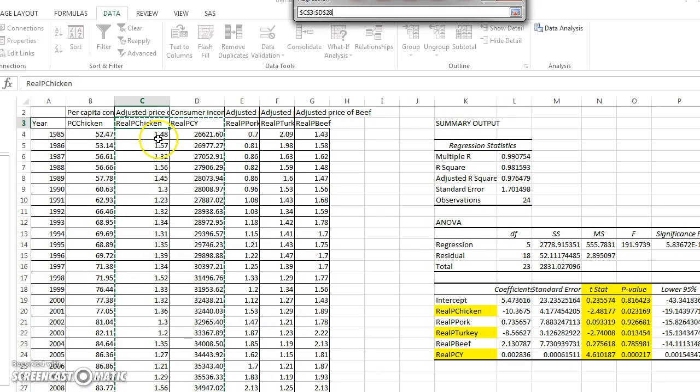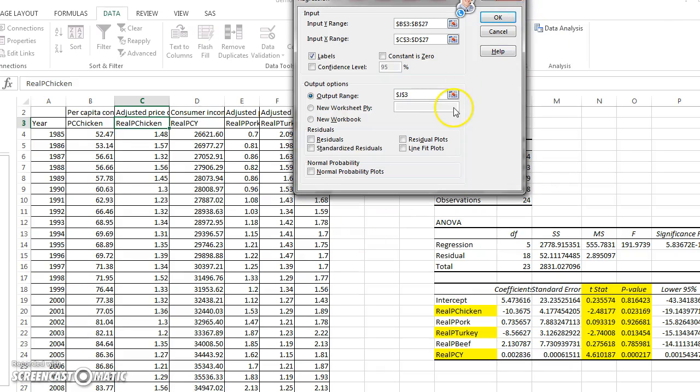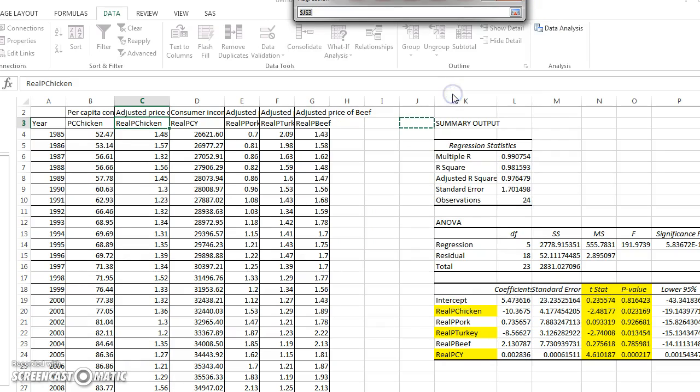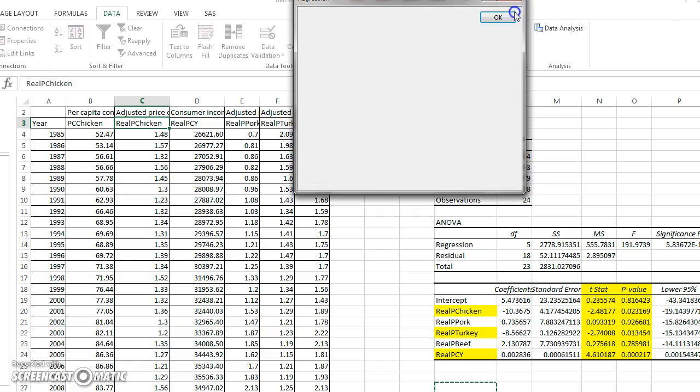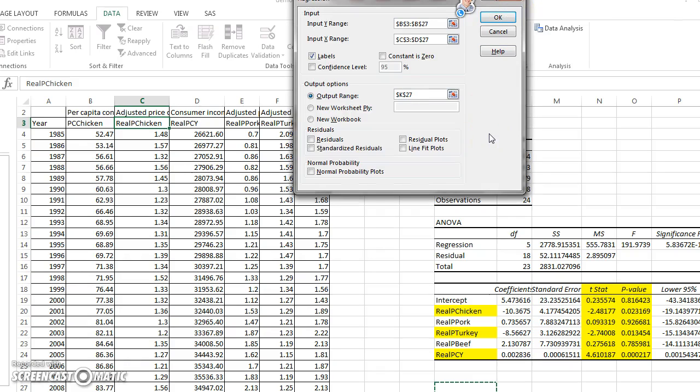Okay. Oh, did I include too much? Let me just do it again. Okay. And I'm going to pick my output range. I'm going to request it to appear right below my first estimation, and I'm just going to click OK.